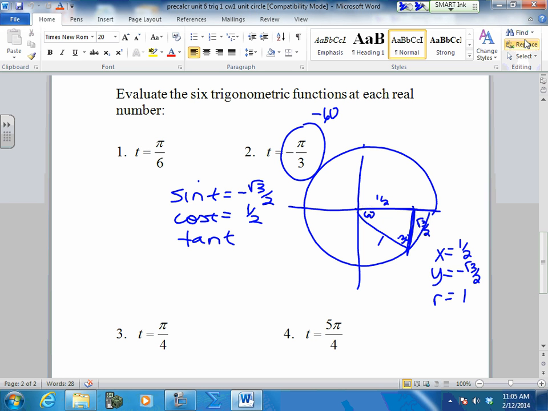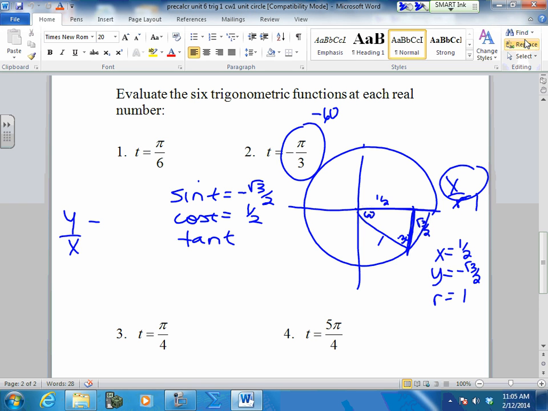Because if I put it over 1, it's itself, right? Isn't the cosine x over r? But r is 1. So isn't the cosine on my unit circle the x value? Yeah? So what's tan? Tan is y over x.